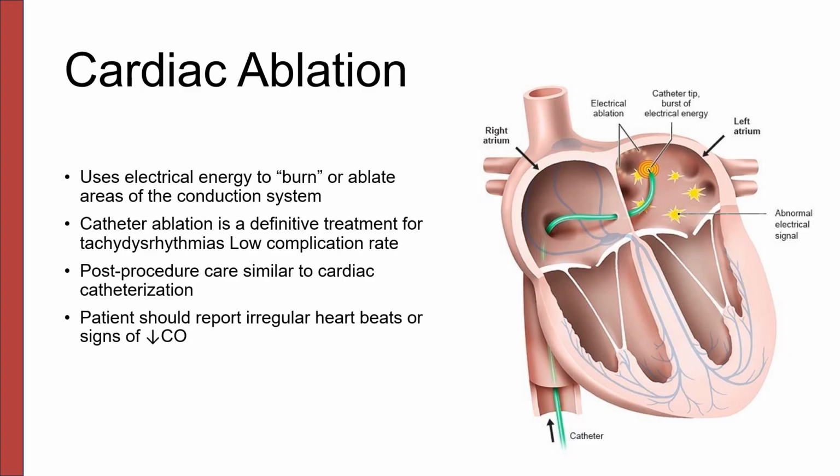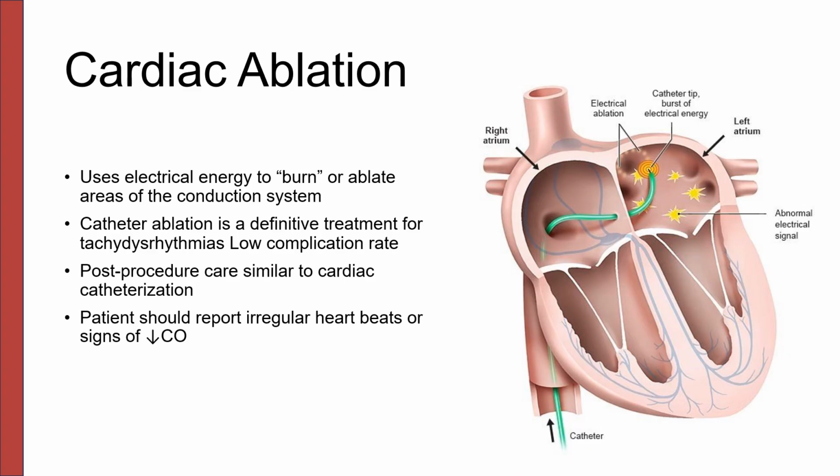Cardiac ablation. So this uses energy to kind of burn, aka ablate, areas of the conduction system. So first things first, the patient needs a 12-lead EKG to identify where exactly in the heart the problem is located. So if you have these rogue cells that left the SA node and are somewhere in the atrium firing at will, then we need to identify where it is.